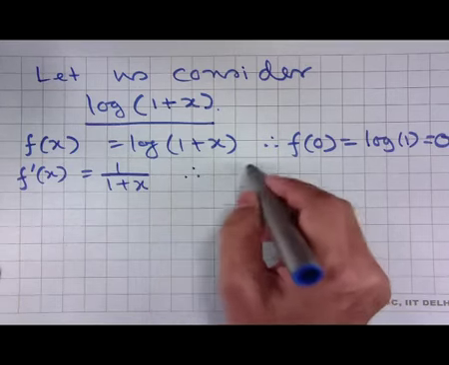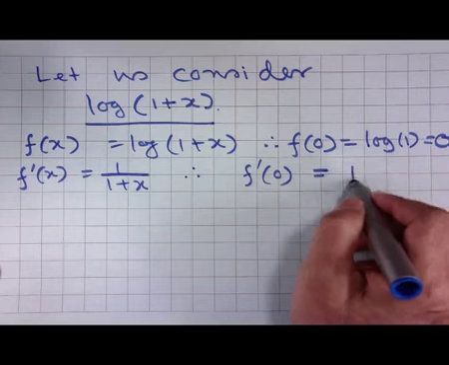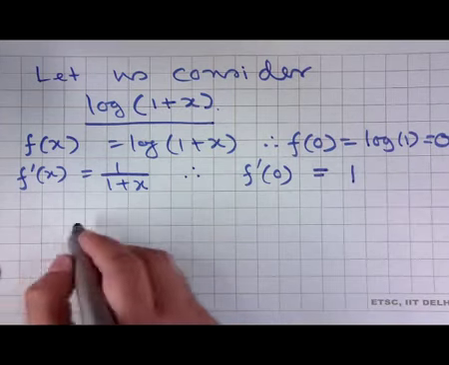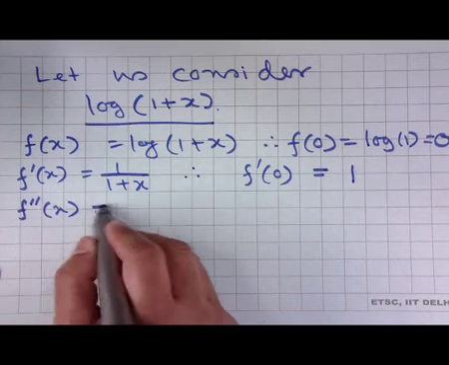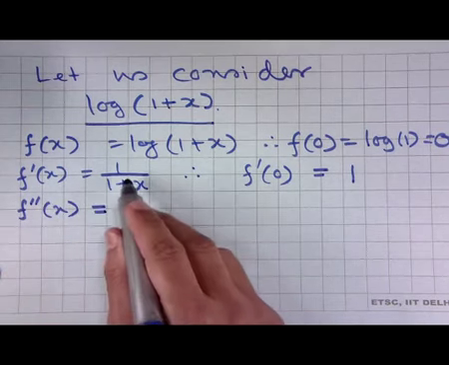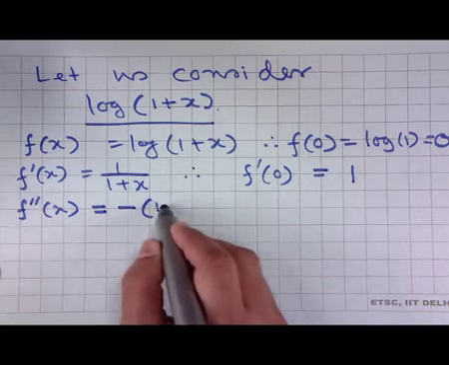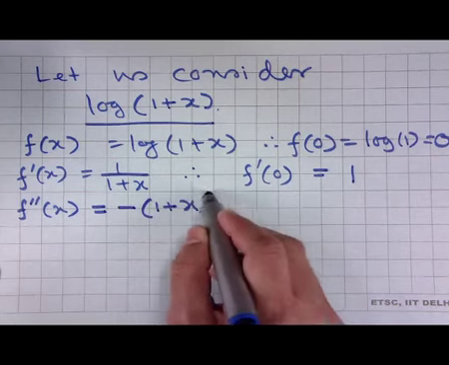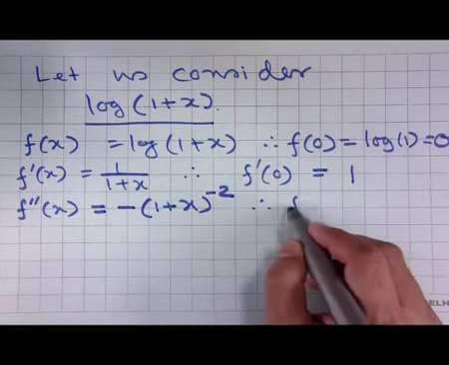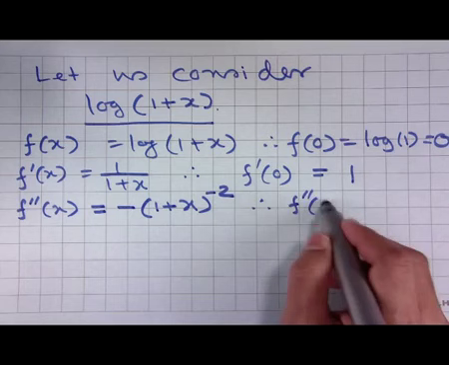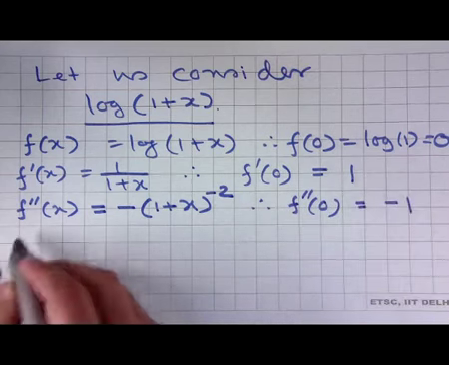Therefore, f prime 0 is equal to 1. f double prime x is equal to derivative of this, which is equal to minus 1 plus x whole to the power minus 2. Therefore, f double prime at 0 is equal to minus 1.